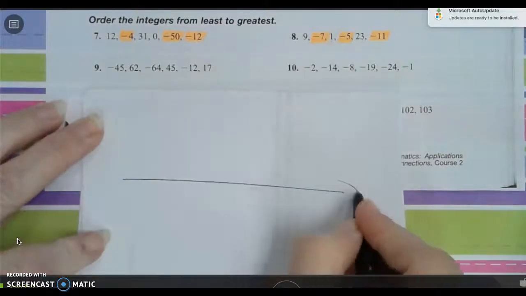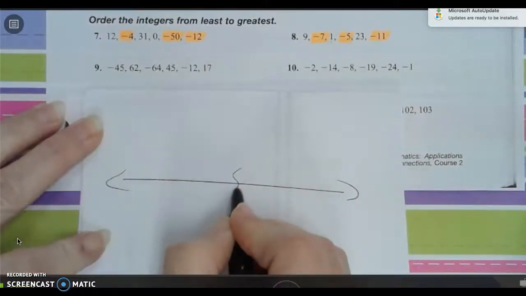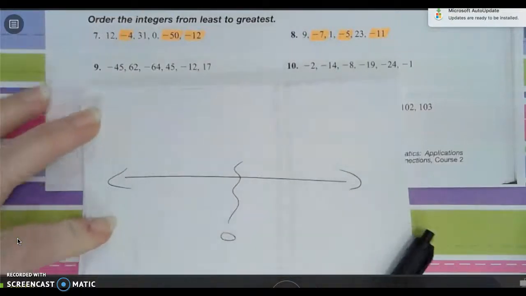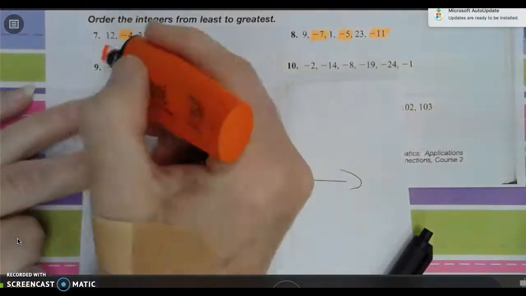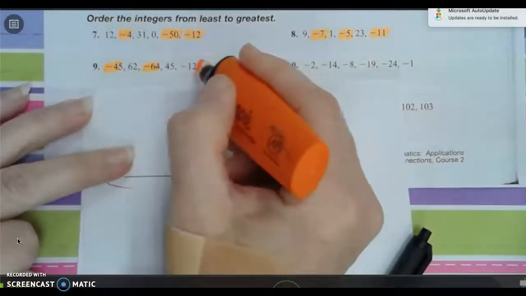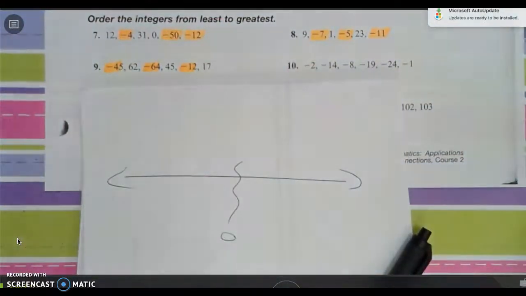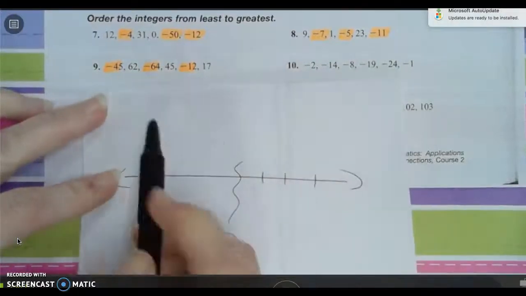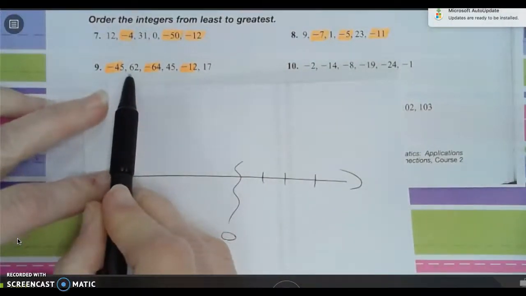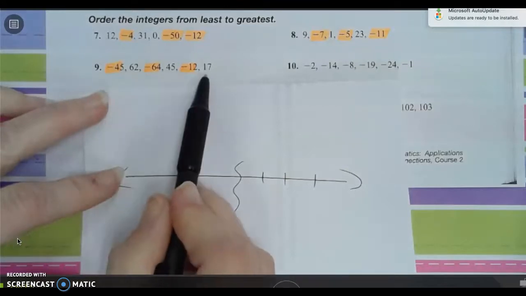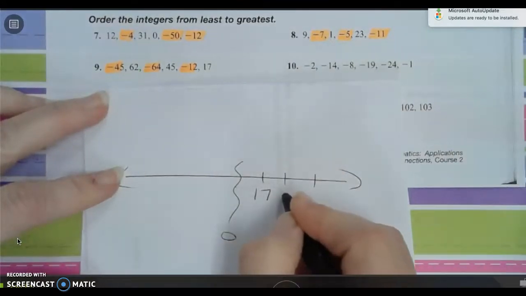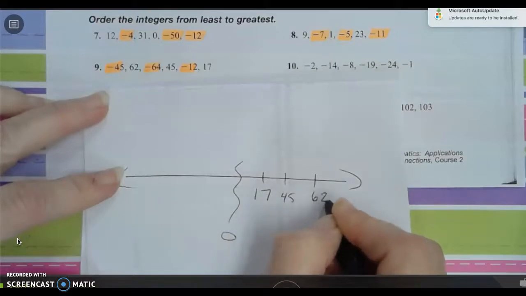Okay, we're going to do number 9. I like to put a 0 there, just the middle. And if I look at the negative numbers again, or just kind of separate them, if we want to start with a positive, we've got 3 positive numbers. So 62, 45, and 17, what would I come to first? I would come to 17, and then the 45, and then the 62.